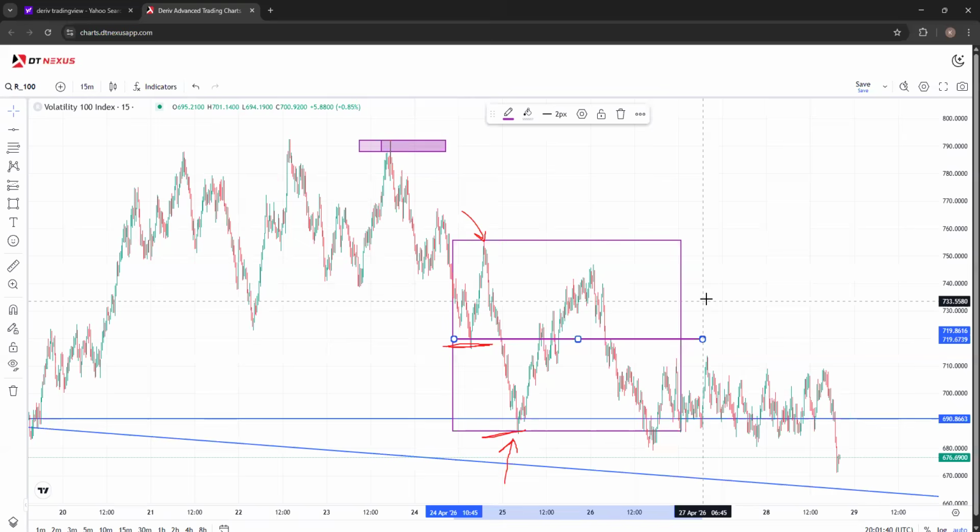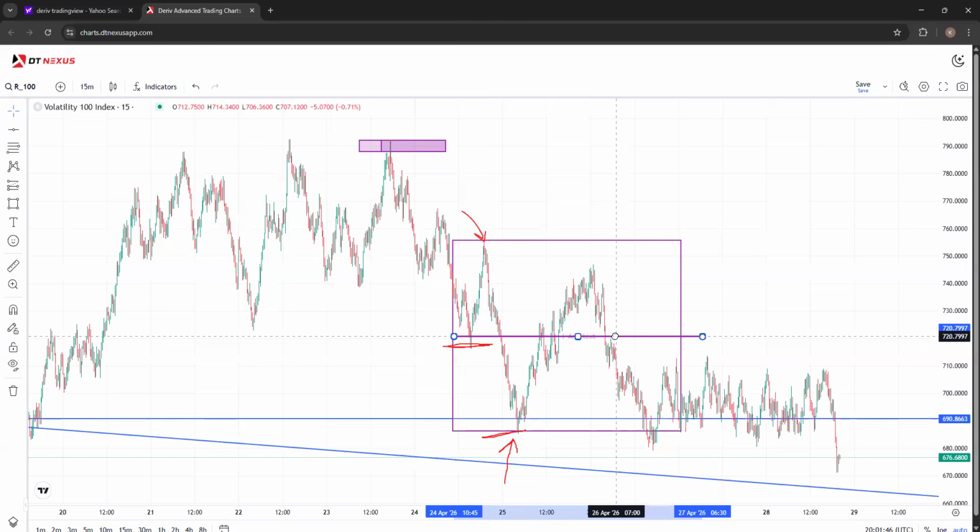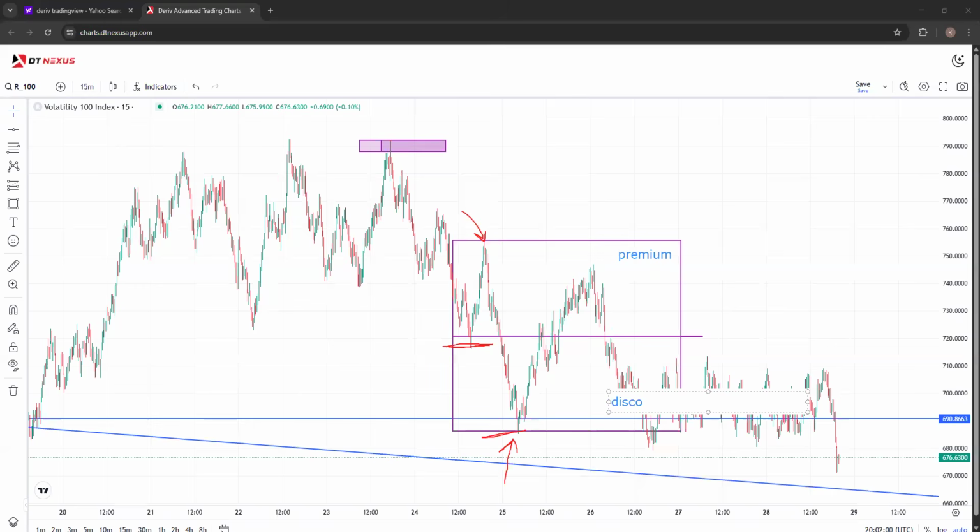So let me check if I marked the areas correctly. I think I did. And what you see is we now have a premium, and we now have a discount level over here, right?